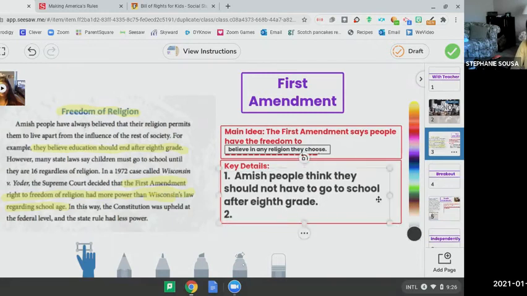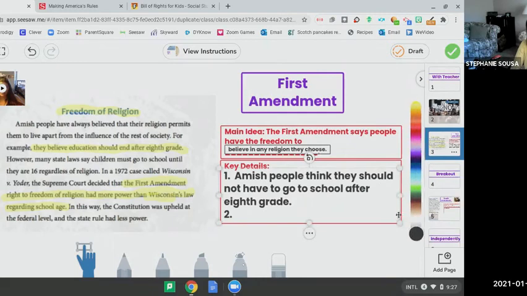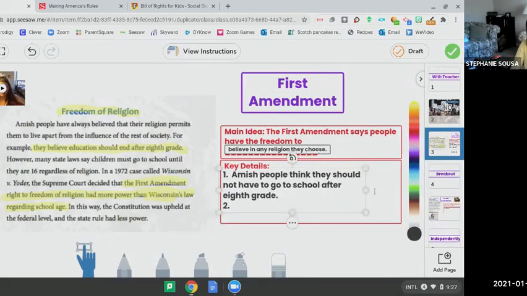I'm talking about their belief and their freedom to practice that belief and not going to school after 8th grade. Go ahead and type that on your screen as well too, please. Amish people think they should not have to go to school after 8th grade.